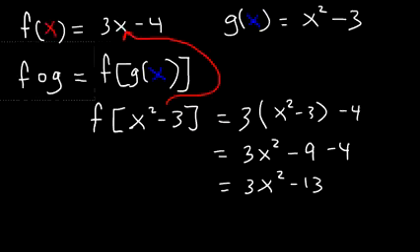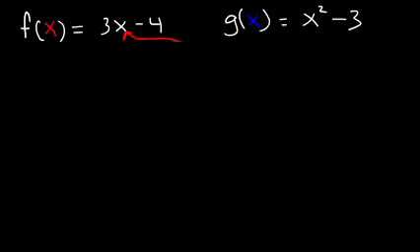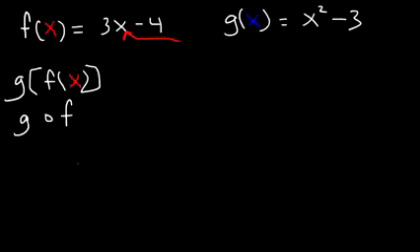Now what about g of f? How can we find the value of g of f? So this time, f is inside of g. So you can write it like this. That's an equivalent expression.